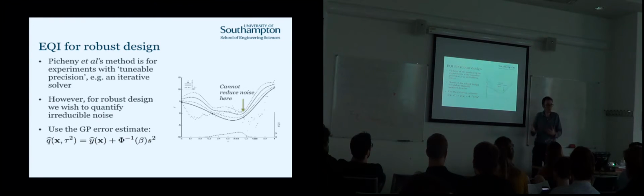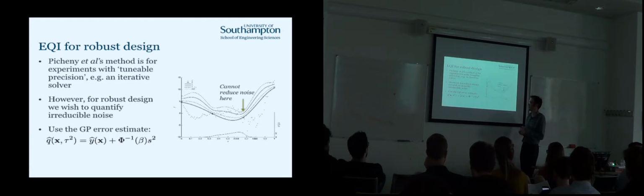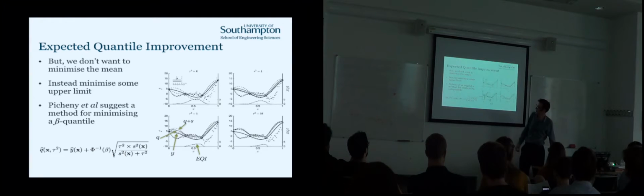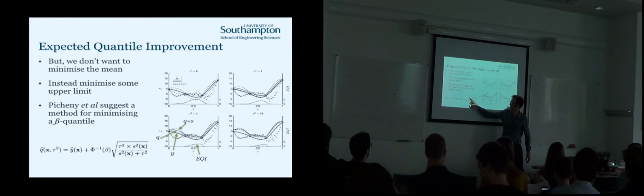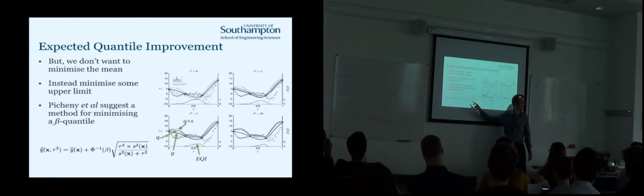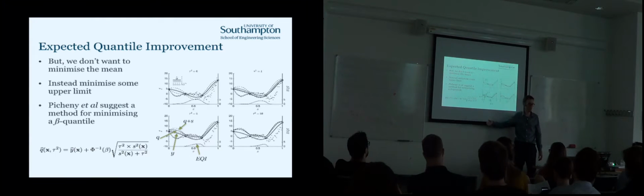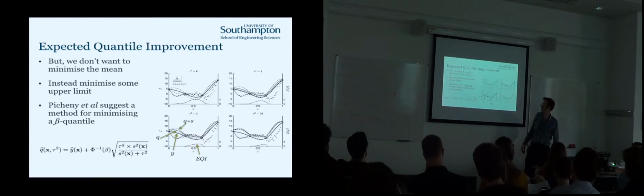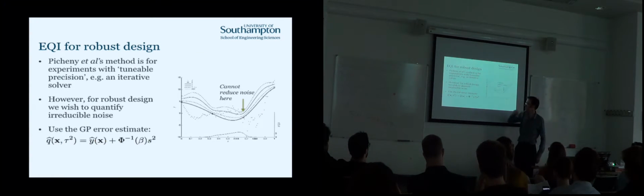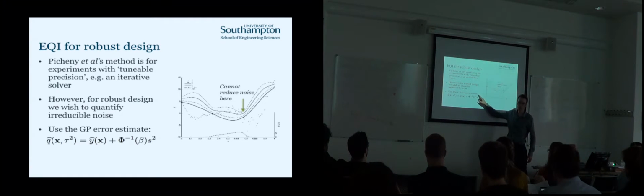So you've got this irreducible noise that you actually want to quantify. So instead of using this quantile here, where you can choose this tau squared based on how many iterations of your Monte Carlo solver you're going to have, we're going to base the quantile here on the error in our Kriging or Gaussian process model.